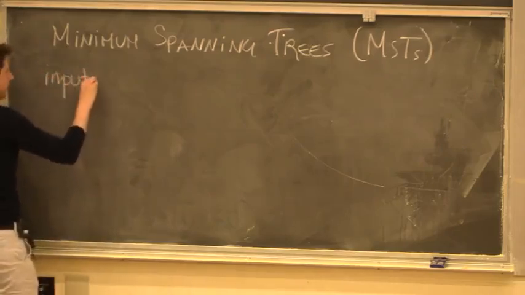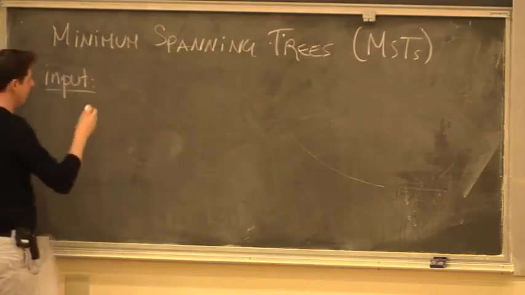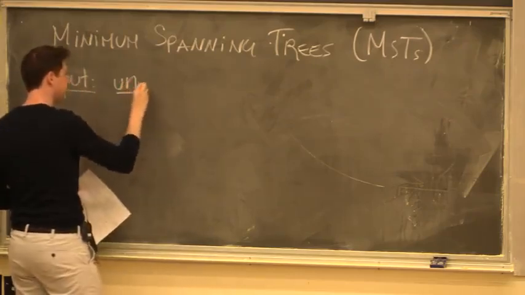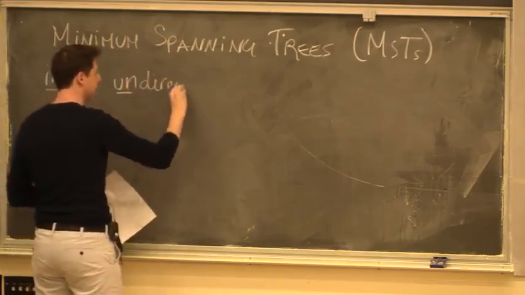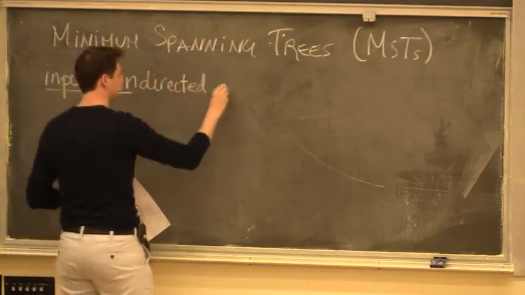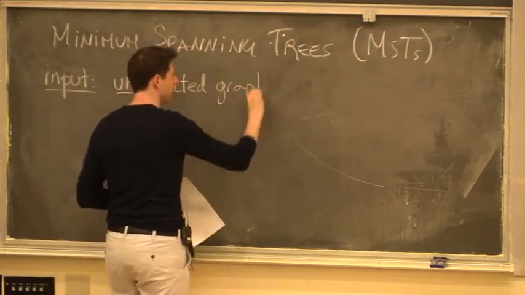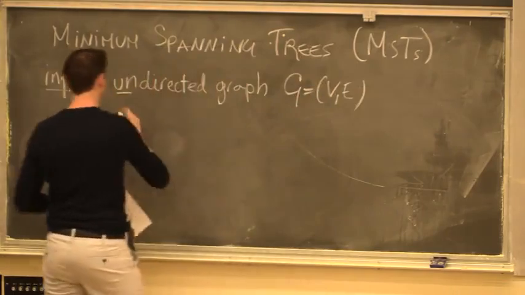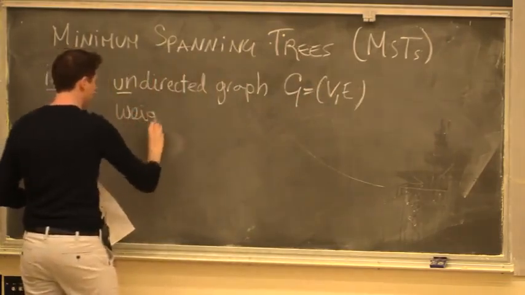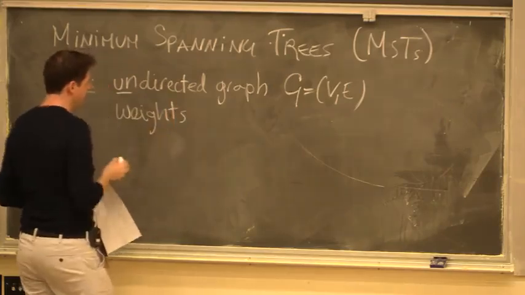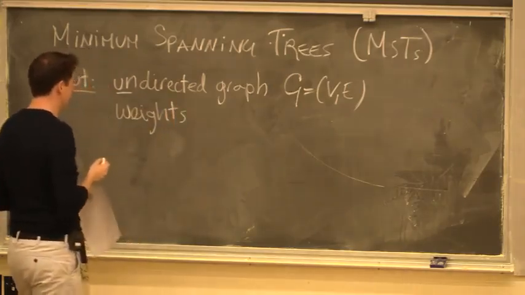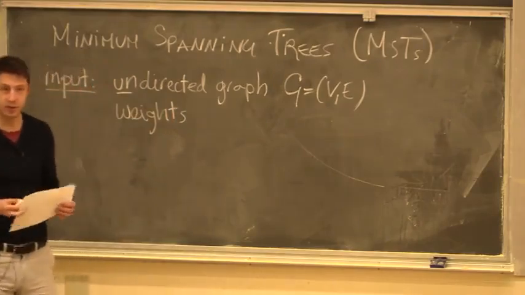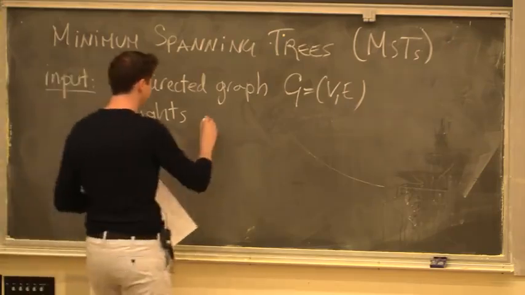Now, notice that all of today is going to be with an undirected graph. And the weights, sometimes we call them lengths, sometimes we call them weights. Doesn't really matter. This is just some English word. There are some edge labels.